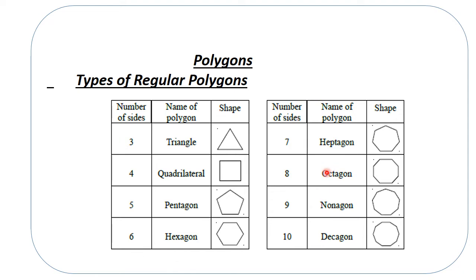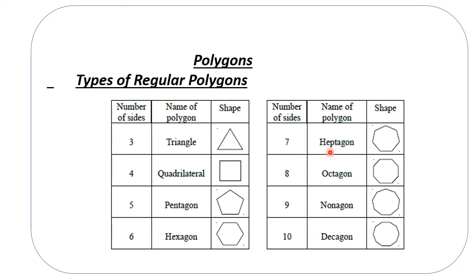In the old days, there was a calendar where October was the 8th month, November was the 9th month, and December was the 10th month, before July and August were added. So it's just a reminder: oct is 8, non is 9, dec is 10. Even though October is the 10th month, November is the 11th, and December is the 12th because of the 2 months that were added to the old calendar.